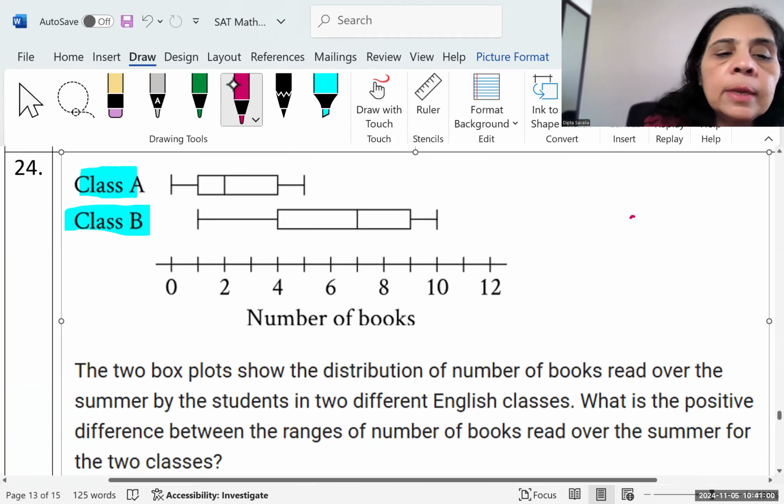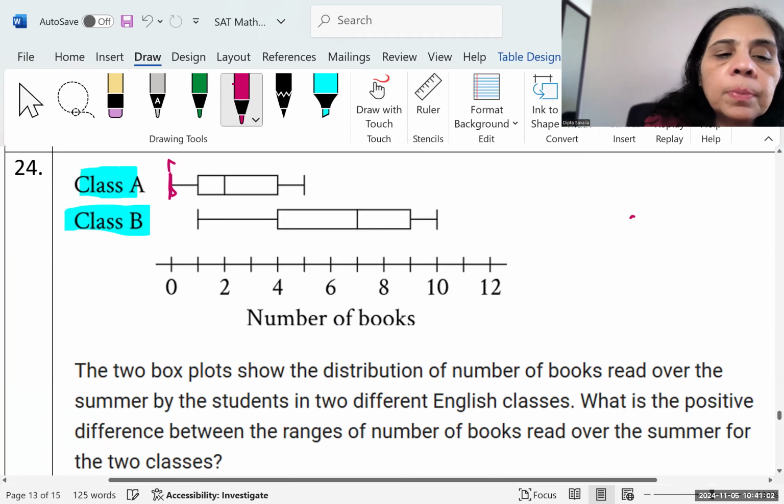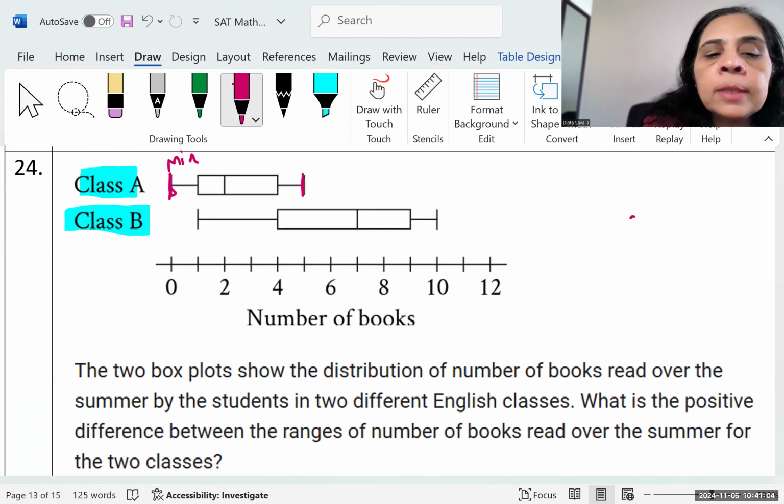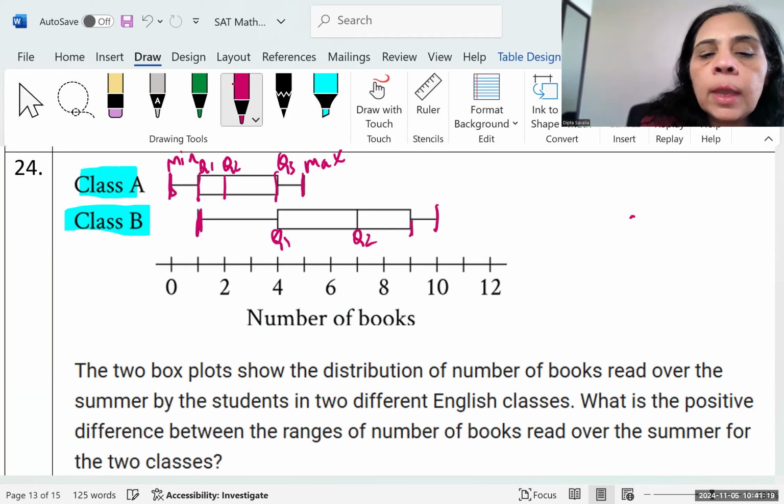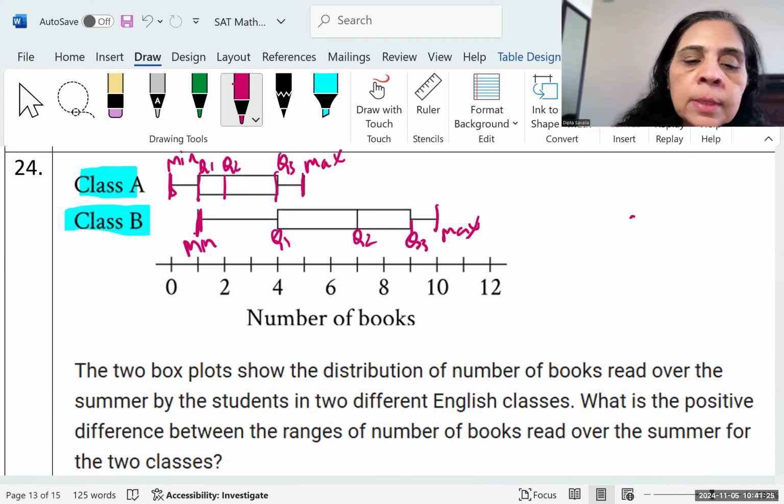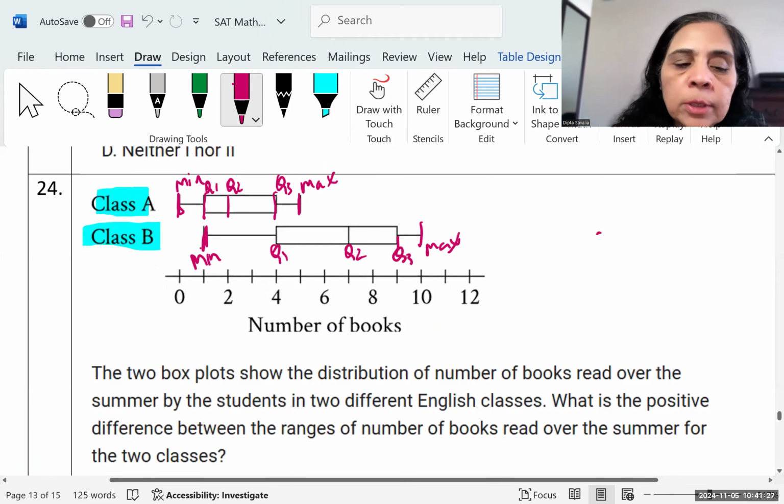Here is the minimum, that's the maximum, quartile 1, quartile 2, quartile 3. Same thing here: minimum, maximum, and quartiles 1, 2, and 3. All right. Now let's see what the question is.